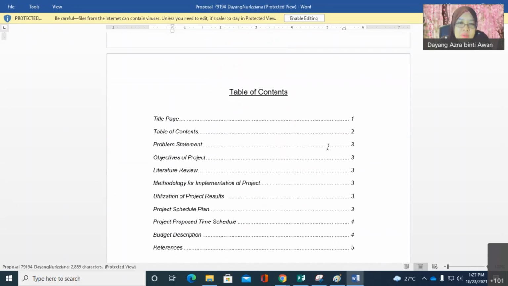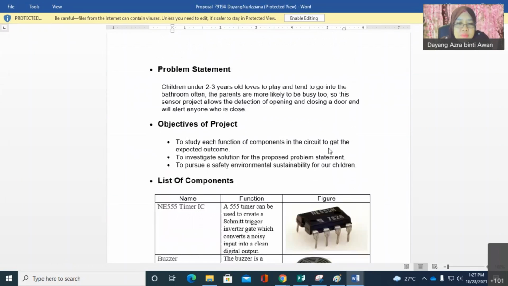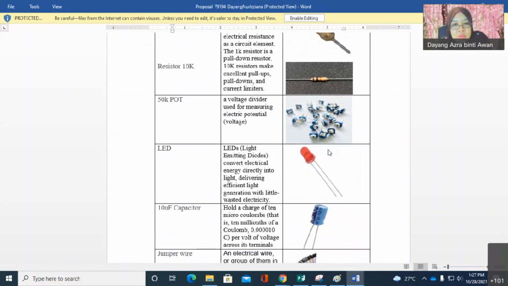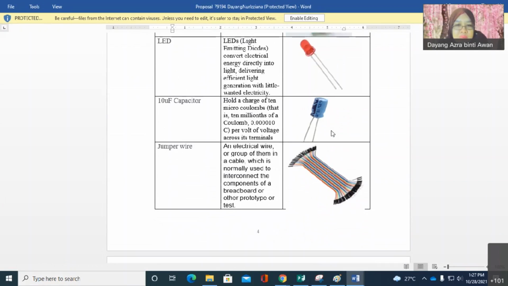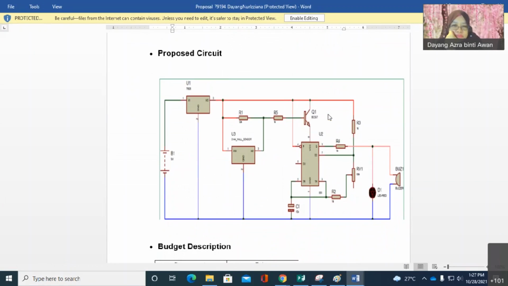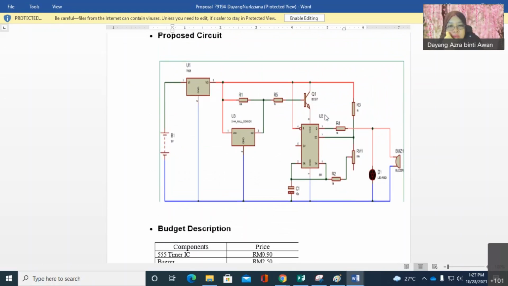Children safety alarm system group, Dayang Nur Iziana Monri. Timer, buzzer, breadboard, resistor. Voltage divider used for measuring electric potential voltage. Do we need this too? Jumper. So many new components. Hall effect magnet sensor 3144.